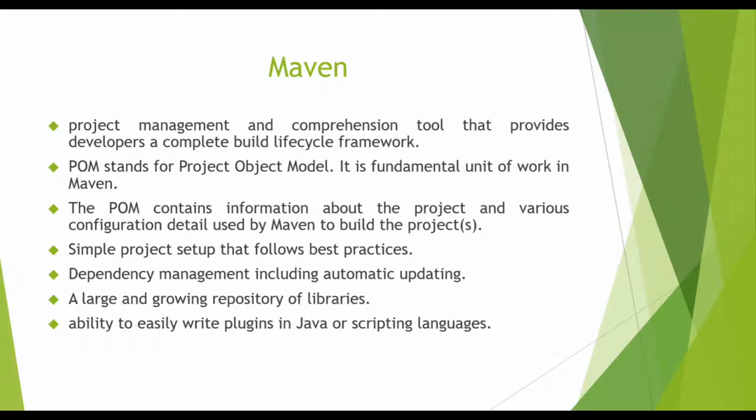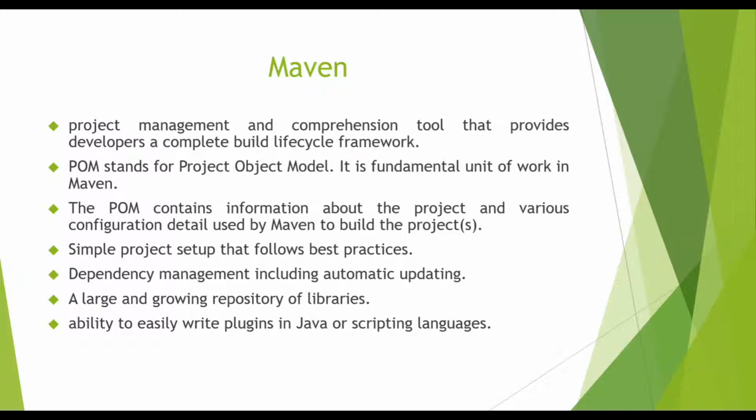It will automatically download the dependencies and store them in a location called .m2, which will be in the C drive. I will explain these things in the hands-on session. Once you have downloaded the dependencies using the POM, if you want to upgrade or downgrade them, you just update the details in the pom.xml file itself.